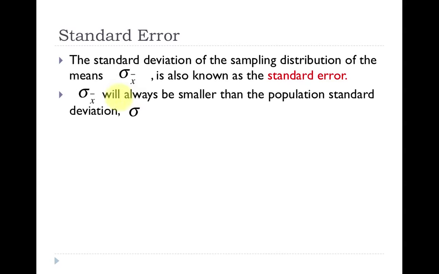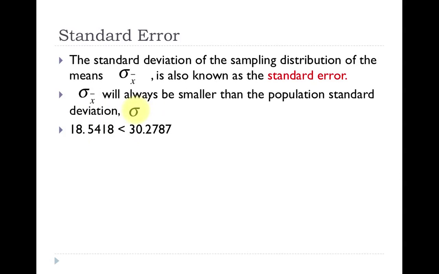The standard deviation of the sampling distribution will always be smaller than the population standard deviation sigma. So if you take a look at the value that we got for sigma earlier, and now the value that we're looking at for sigma x bar, it is smaller than sigma. Our value for sigma x bar, the standard error, came out to be 18.5418.